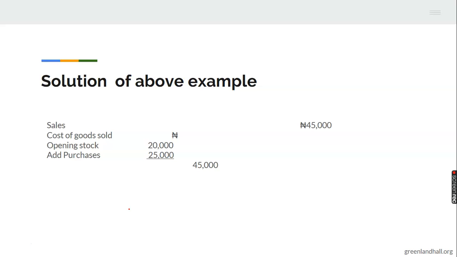In solving the above question, we can start by determining the cost of goods sold. We are given that sales is equal to 45,000 naira. To determine the cost of goods sold, it's going to be the opening stock, which is 20,000, plus the purchases, which is 25,000, and that will give us 45,000 naira.